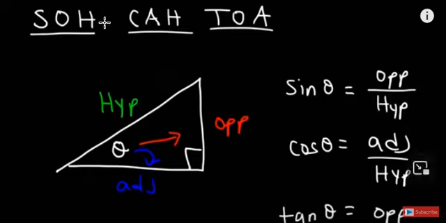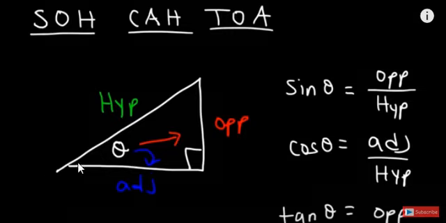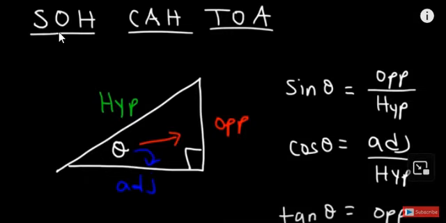The first formula that we must know and master is this one up here. SOHCAHTOA. Sine, opposite, hypotenuse. Cosine, adjacent, hypotenuse. Tangent, opposite, adjacent.